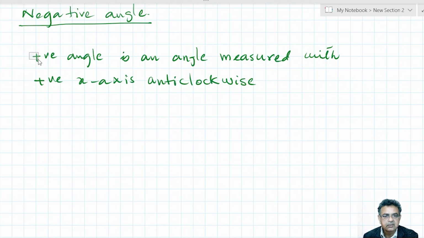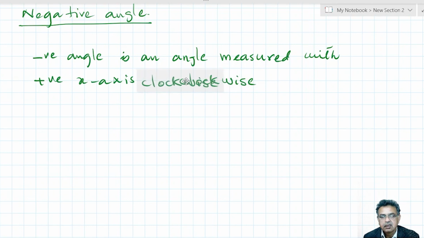Now what changes we need to make in it in order to make it negative angle? So negative angle is an angle measured with same positive x-axis, but this time not anti-clockwise, but I remove the word anti from here, so it is clockwise.